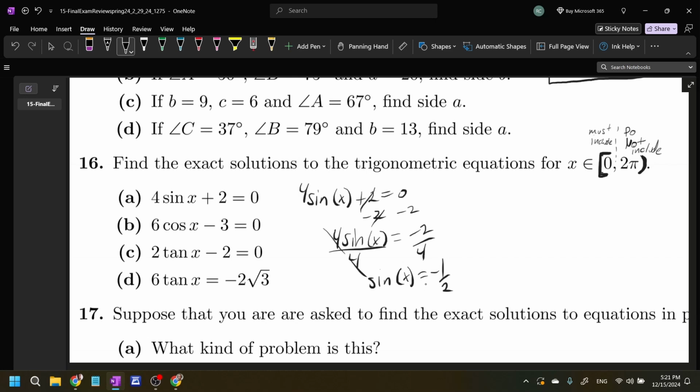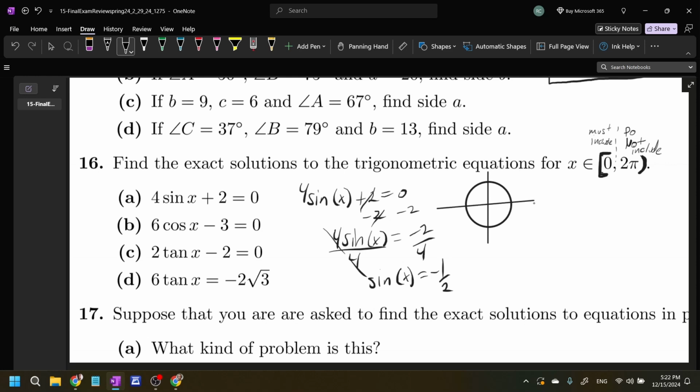You might be tempted to just plug this into your calculator looking for arc sine, but because they say x exists between 0 and 2 pi, there's going to be two solutions for this. So I'll remind you of our unit circle.